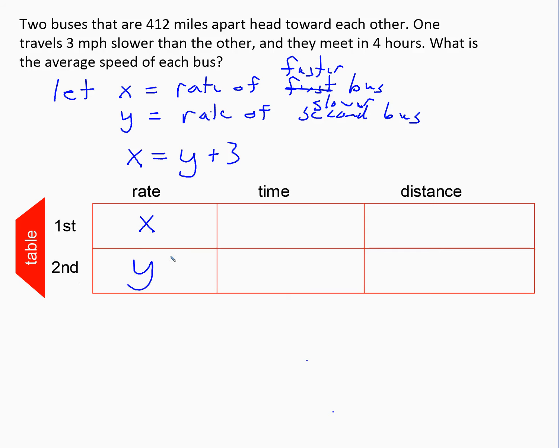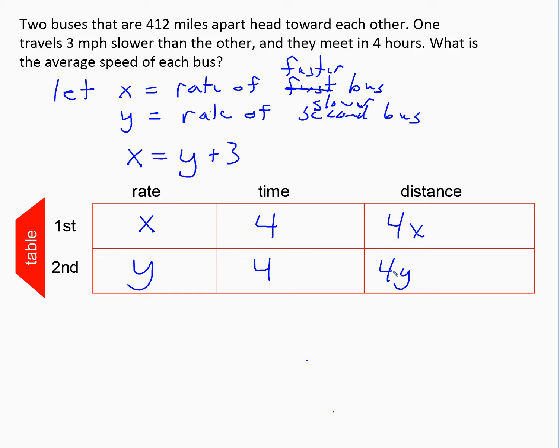The time, so let's read through this again. Two buses that are 412 miles apart head toward each other. One travels 3 miles per hour slower than the other, and they meet in 4 hours. So they leave and they meet in 4 hours. So their time is 4. And so the distance of the first one is 4x. The distance of the second one is 4y.